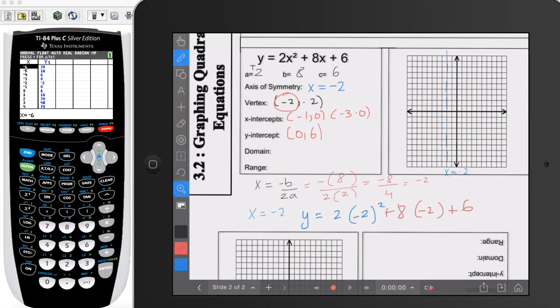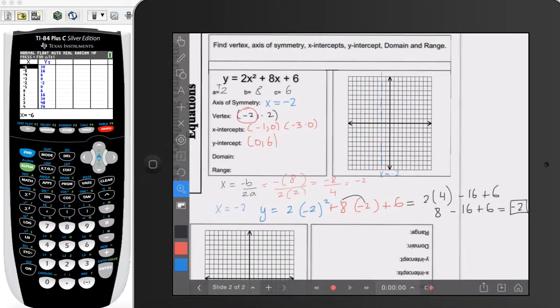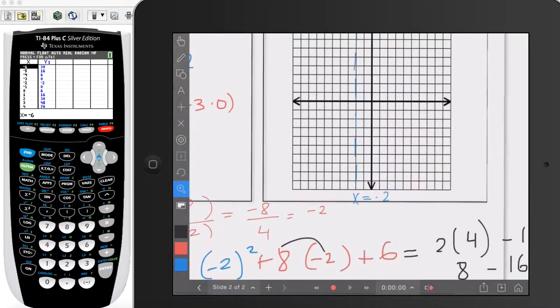Now you can plug that into your calculator and solve it, or you can just solve it algebraically. -2 to the power 2 is a 4. 8 times -2 is a -16, plus 6. So 2 times 4 is an 8, minus 16, plus 6. Now if you add those, that's going to give you a -2. And that's what I found earlier, that the y of the vertex is a -2. Now let's plot the point.